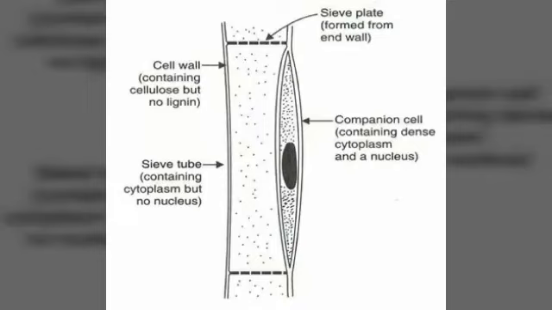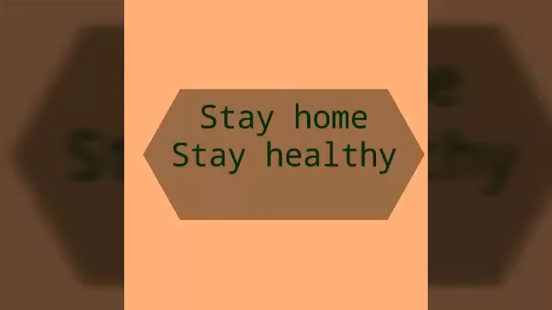As you can see in this picture, the sieve tube and companion cells are tubular structures which have sufficient space so that they can transfer the food from one place to another place.